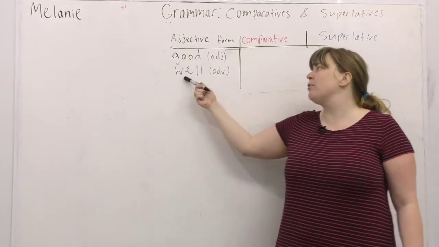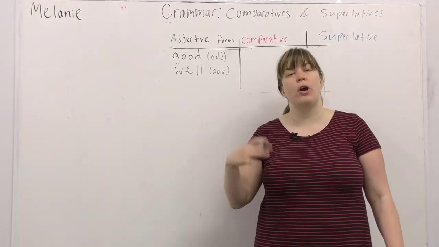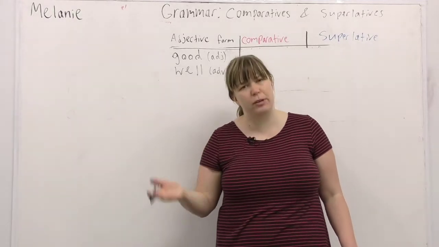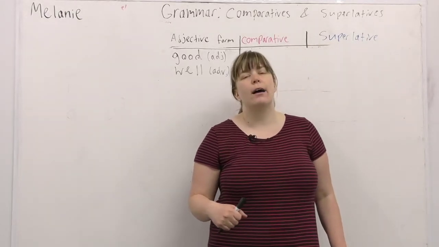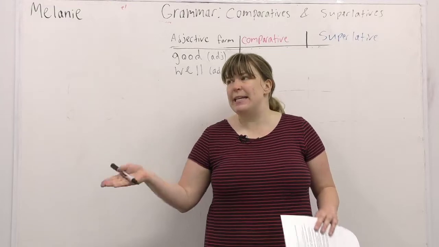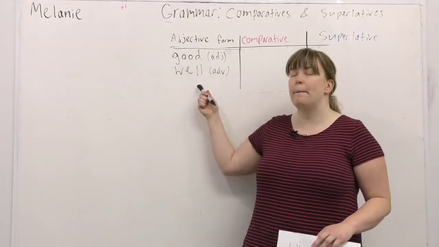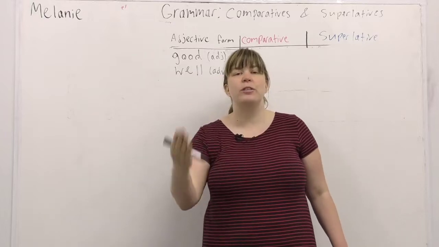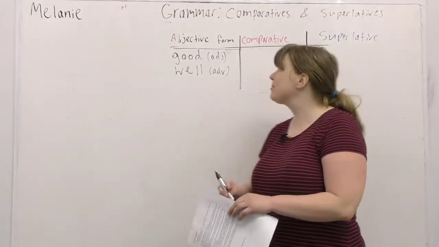So, remember, adverbs usually go after a verb. Not always, but pretty much almost all the time. For example, he speaks English well. So basically it means good, but usually it's used with a verb.